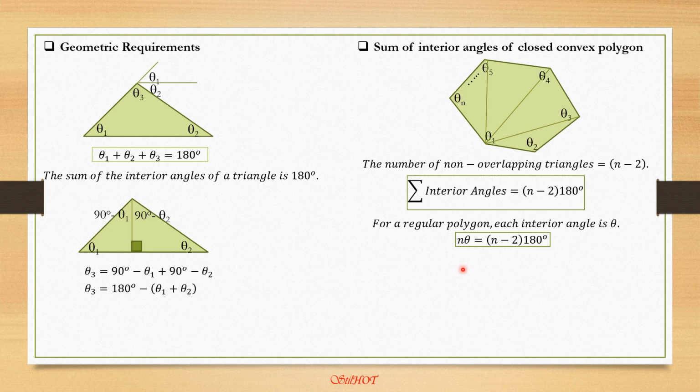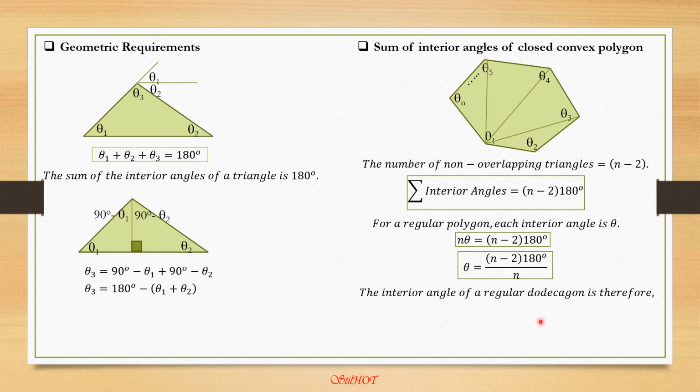Therefore, the measure of each interior angle of a regular polygon is the quantity n minus 2 times 180 degrees divided by n. So for example, for the interior angle of a regular dodecagon, 12 sides, 12 corners, theta is equal to 12 minus 2 times 180 degrees divided by 12. So that would be 150 degrees for that case.